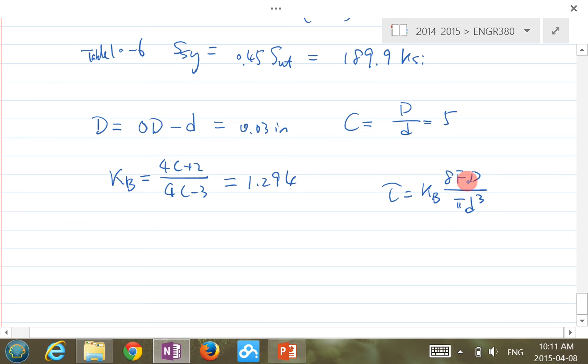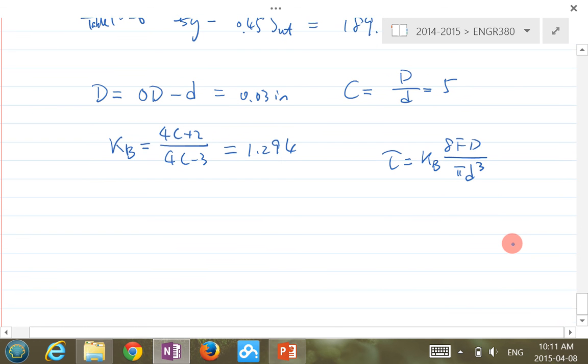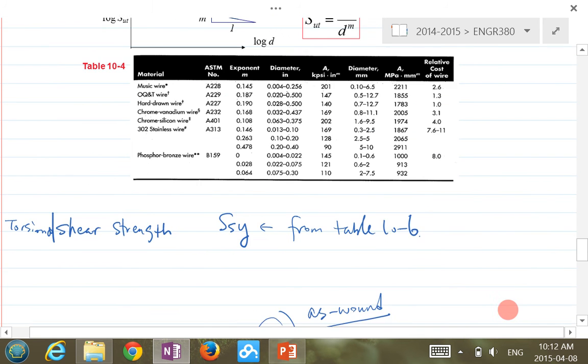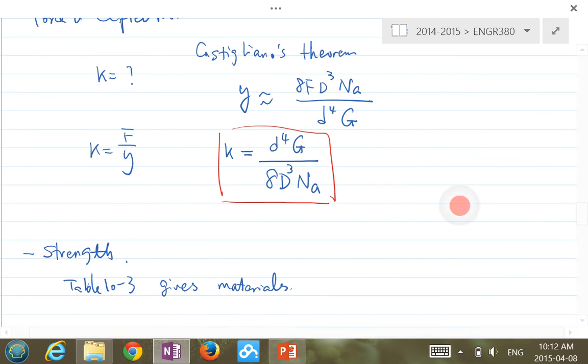So we need to know F, the force. F equals the spring stiffness times the total deflection. So what would be the spring stiffness? Looking at the spring stiffness formula, that's this one here, which requires the total number of active coils.